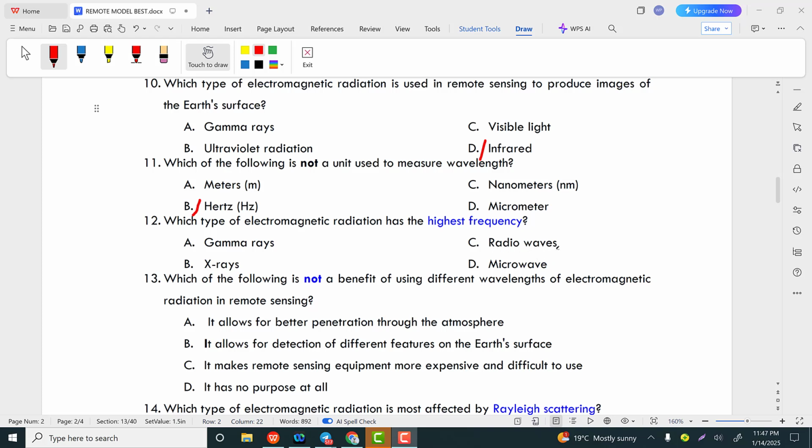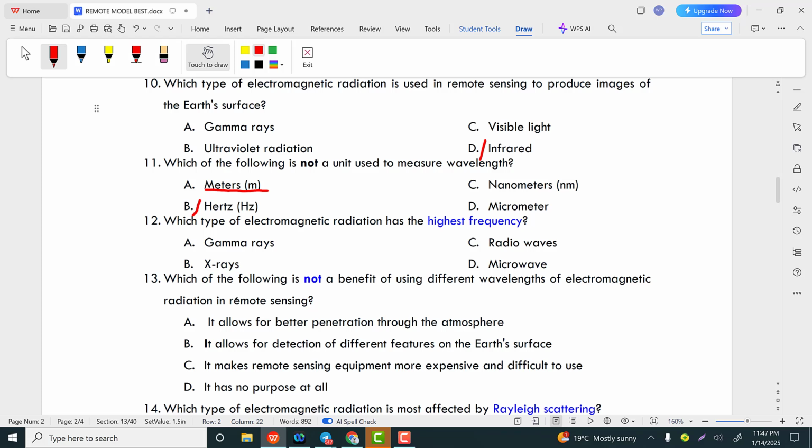The radio wave frequency is very low, and microwave is also very low frequency. So we have two options, the gamma ray and X-ray have higher frequency, but we need to compare and contrast the two. From gamma ray and X-ray, the highest frequency is with gamma ray. So the answer is gamma ray, then next X-ray, then ultraviolet ray.